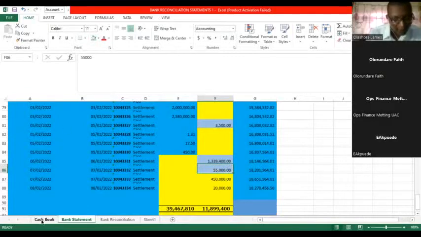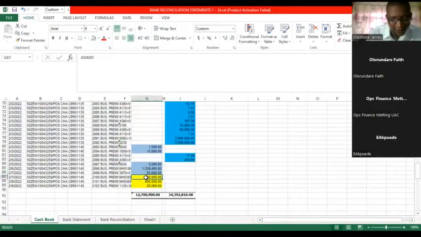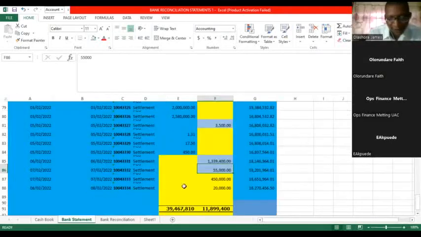Then 450. Can I see it here? I can have it here. Well, 450, so it means the accountant also recognizes it. Then 400. Do I have 400 in bank statement? I've not marked this 450. So I'm marking it.